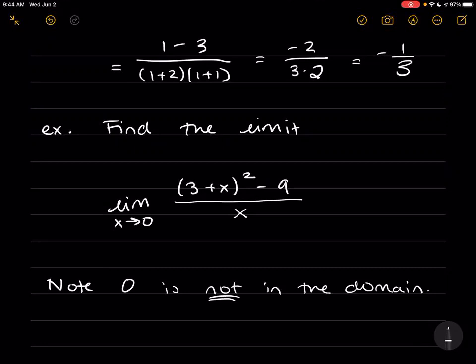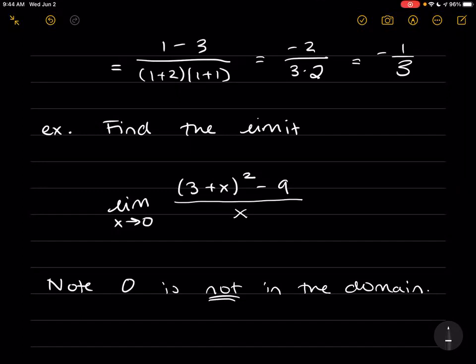We also can't apply the limit law that said if you have a function over a function, then you just split the limit up over the division. We can't do that because the limit as x goes to 0 of x is going to be 0, and we don't want to divide by 0. That'll break things. So we have to do some funky rearranging before we can compute the limit.